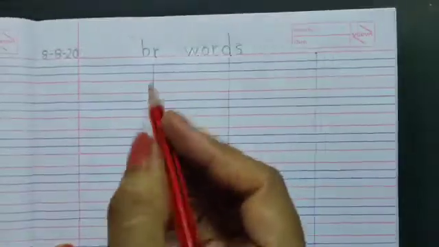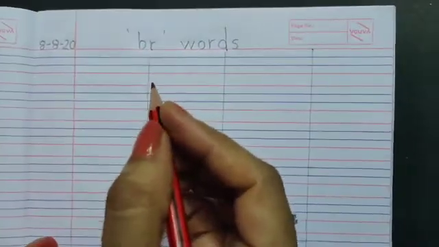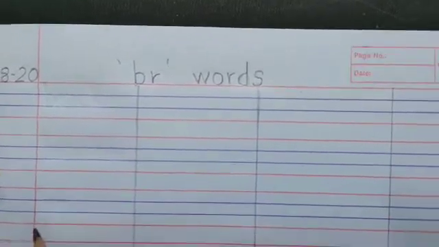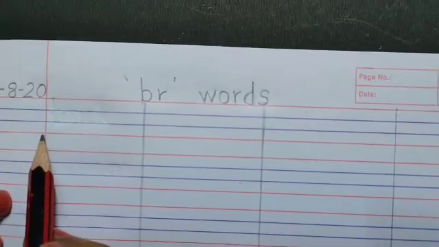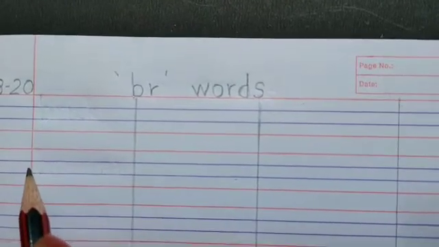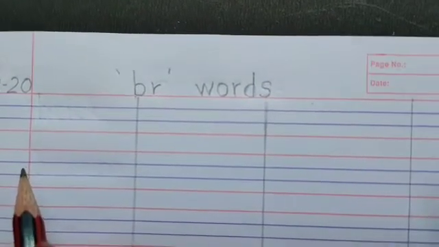So children, are you all ready to write the BR words? The first word, close to the margin, brick. B-R-I-C-K, brick.